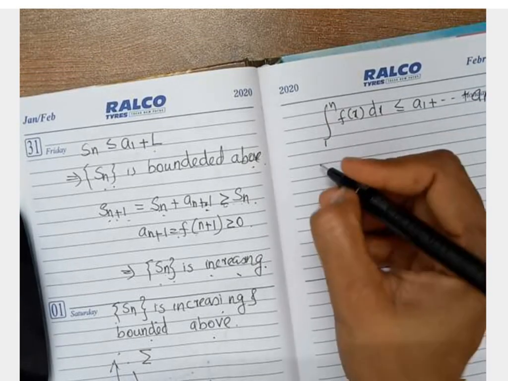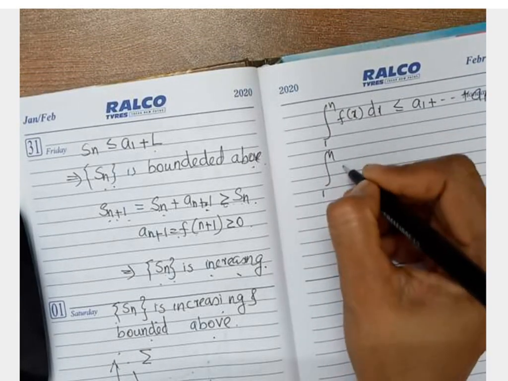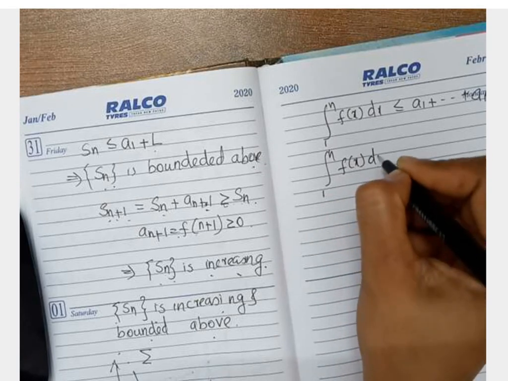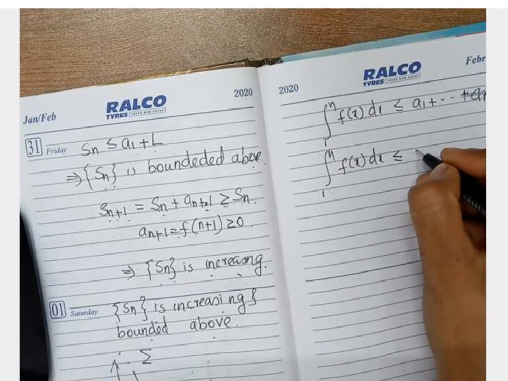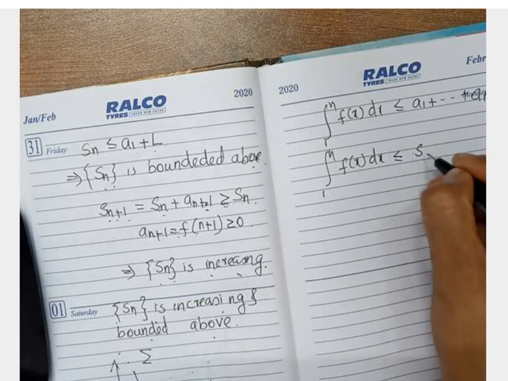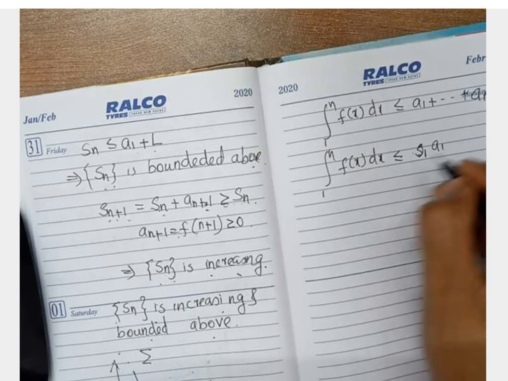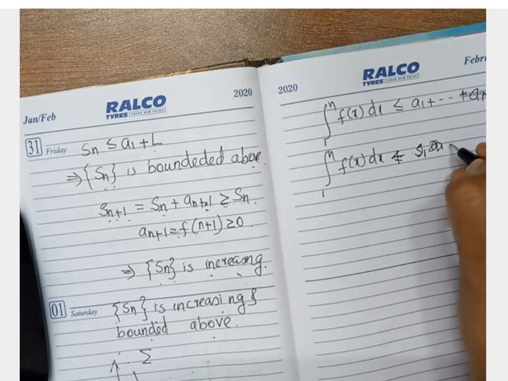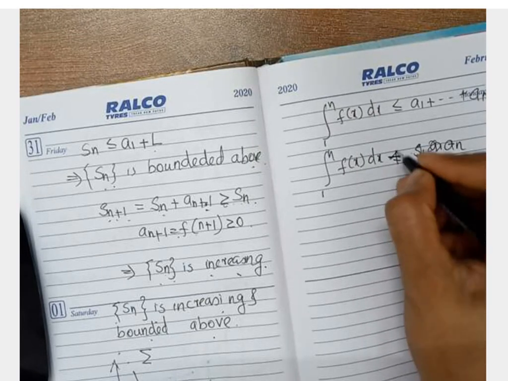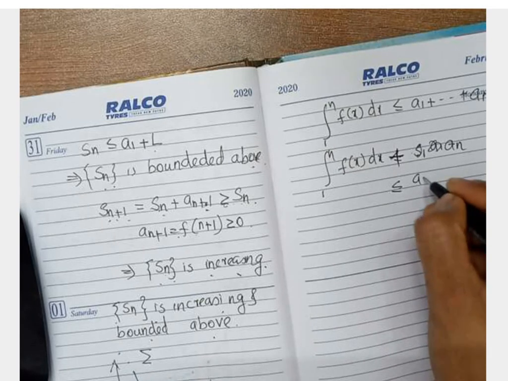So the integral from 1 to n of f(x) dx is less than or equal to A1 plus etc. plus An minus 1, and adding An on both sides, less than or equal to A1 plus etc. plus An.